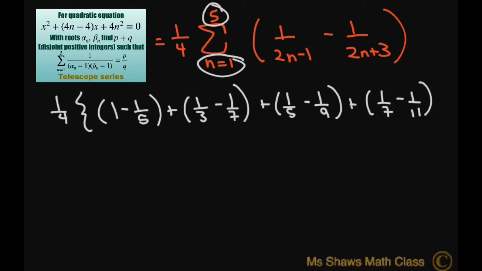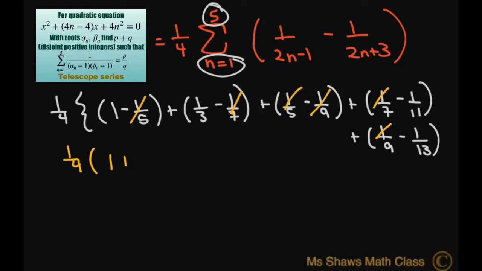And for n equals 5, that's where we're stopping, we get plus 1/9 minus 1/13. All right, let's see what we can cancel out. The 1/5 can cancel out. The 1/7 will cancel out. The 1/9 will cancel out. So basically what we're left with is 1/4 times (1 plus 1/3 minus 1/11 minus 1/13).